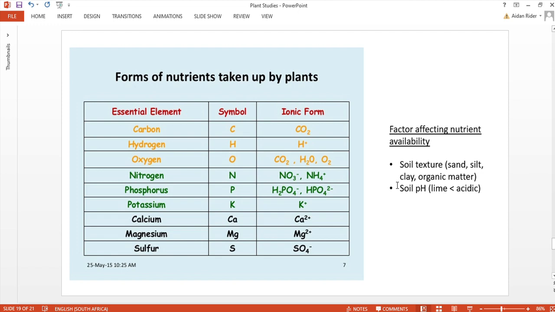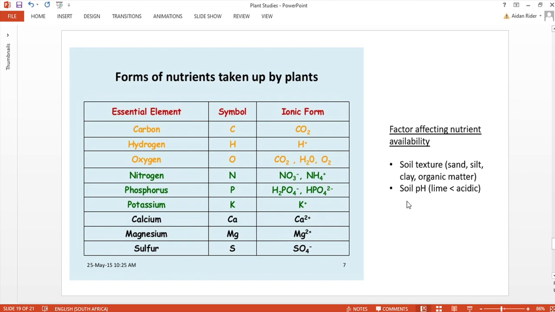But it depends on the plant type, because some plants love sandy soil or clay soil, and they don't struggle to absorb these nutrients anyway. So it depends on the plant, on the soil's texture, and on whether there's organic matter. The more organic matter, the more cations and ions there will be on the colloids in the soil. The more there are, the more nutrients are available for the plant.